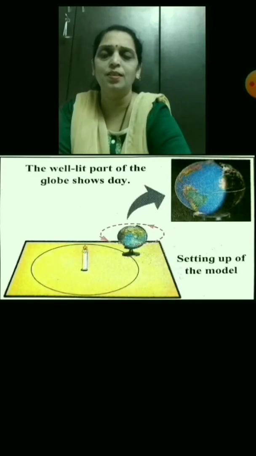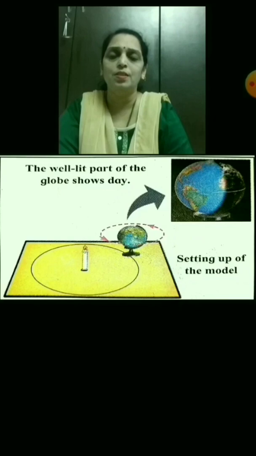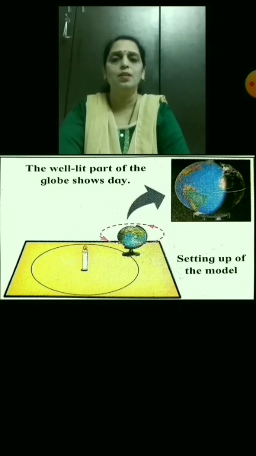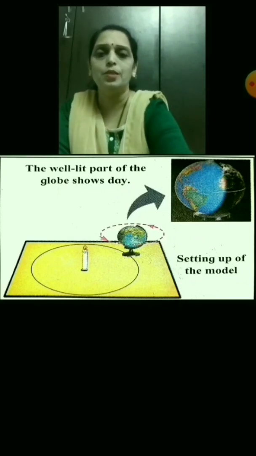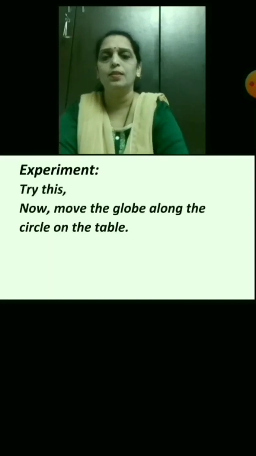So students, now we are going to start with our next point. See this picture. With the help of this picture, we are going to try this experiment. Try this.